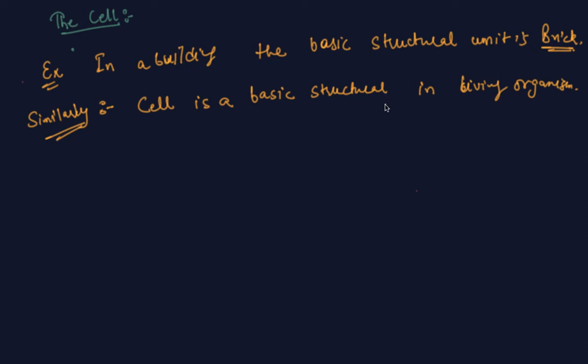Like in a building, the size of the brick differs from one place to another, so in this way you can differentiate between different buildings. Similarly, the cell is a basic structure. So if the cell arrangement or the cell sizes differ in a living organism, on that basis you can differentiate between different organisms.